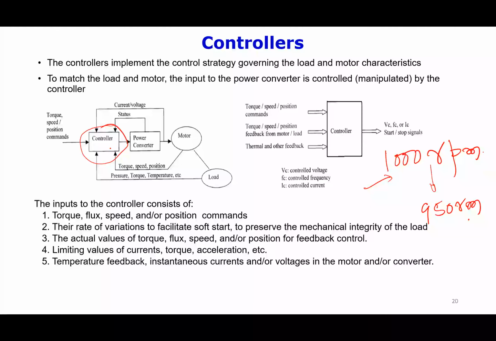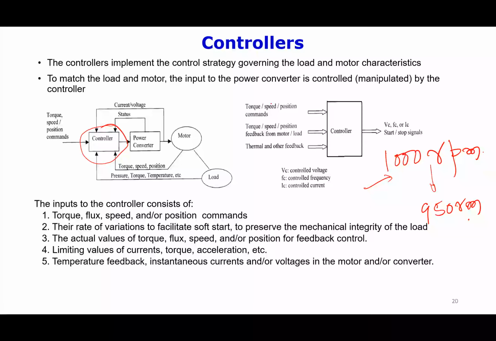And then the current and voltage of the motor, and also the power converter status signal, like whether it is working properly or not, depending on the temperature, etc. So the controller processes all those signals and derives the required voltage and frequency to be given to the motor to achieve the desired torque, speed, or position.